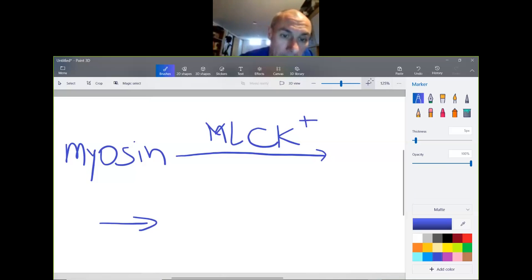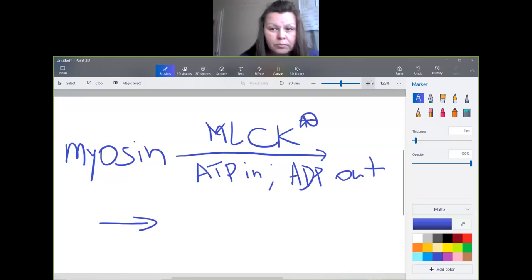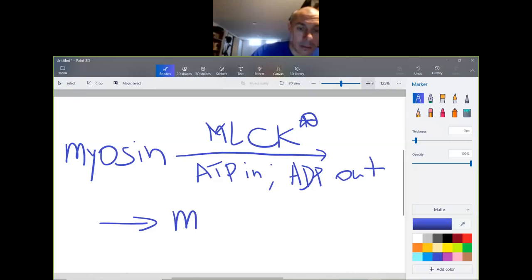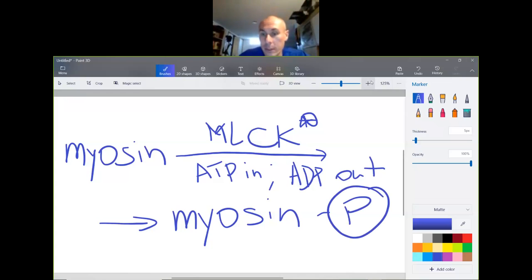You have ATP in, ADP out, and what you get in the end is myosin with the phosphate residue on it.